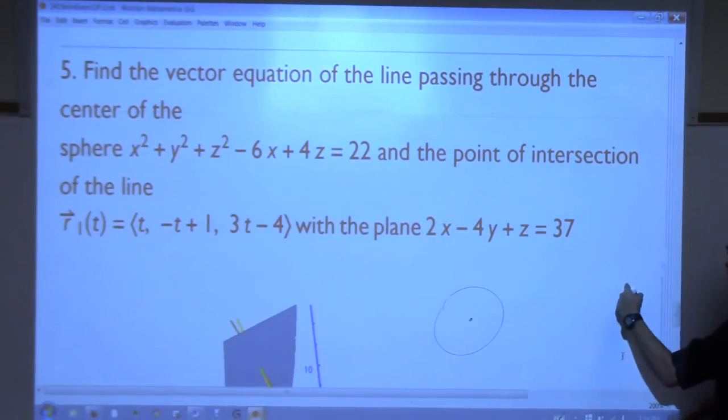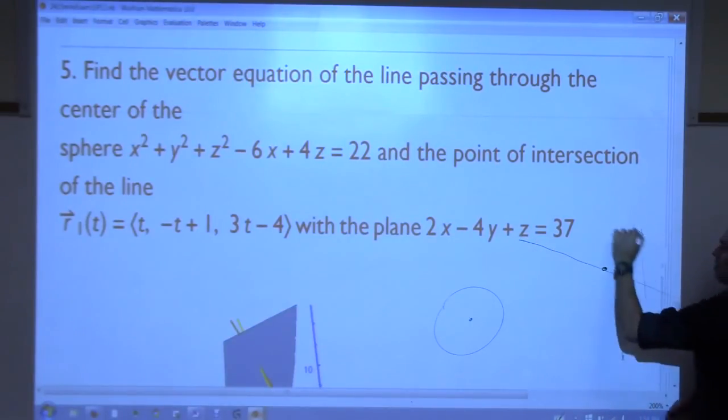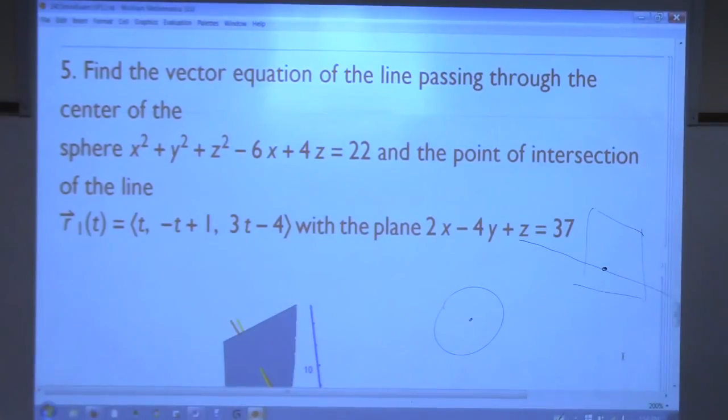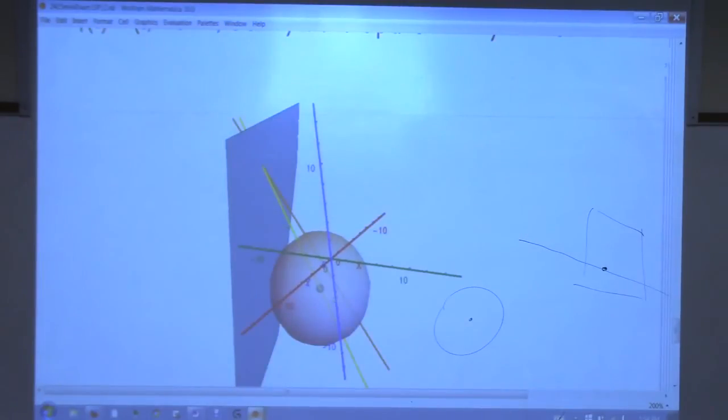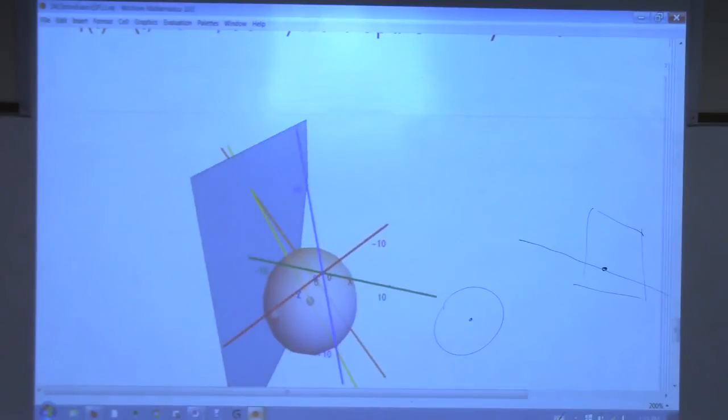The other point that lives on your line, because you only need 2 points to define a line, is the intersection of some other line with some other sheet of paper over here. Now the drawing of it is over here. This is the actual solution, and you've got a line.